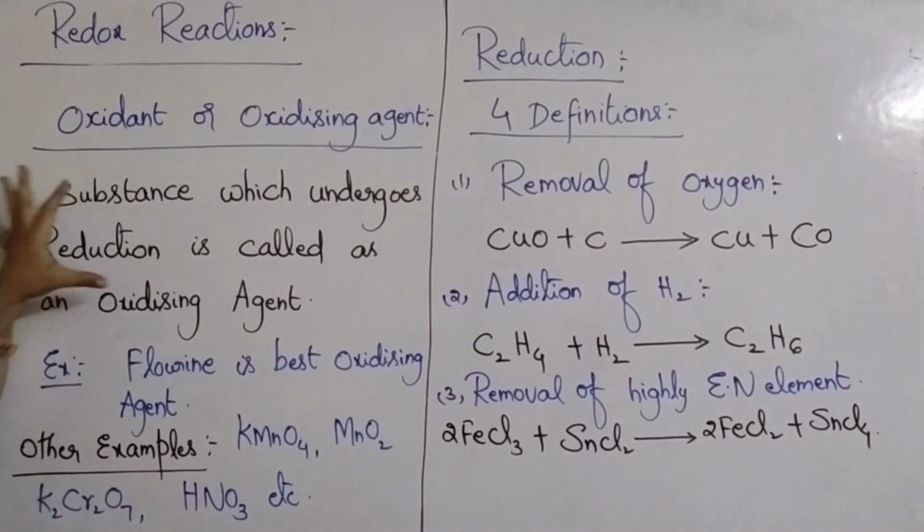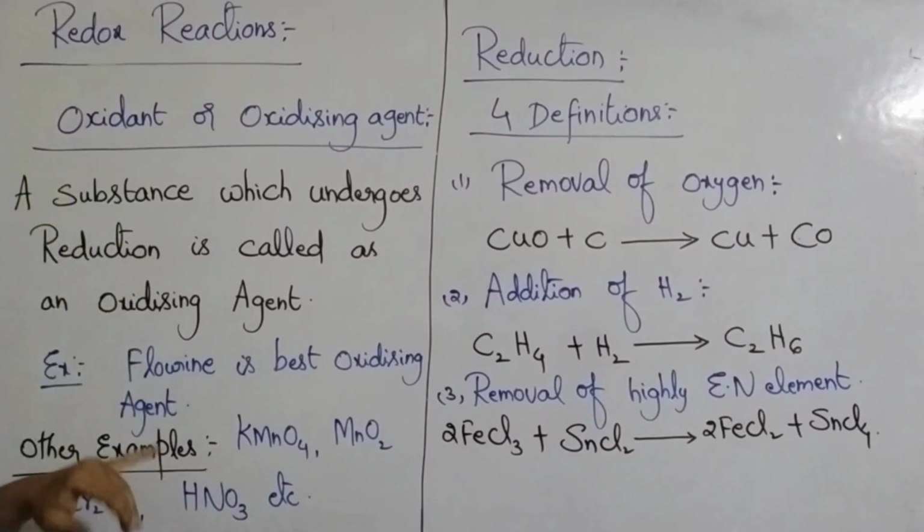Fluorine is the best oxidizing agent, and other examples are KMnO4 means potassium permanganate, manganese dioxide, K2Cr2O7 means potassium dichromate, and HNO3 means nitric acid. These are the best examples for oxidizing agents or oxidants.